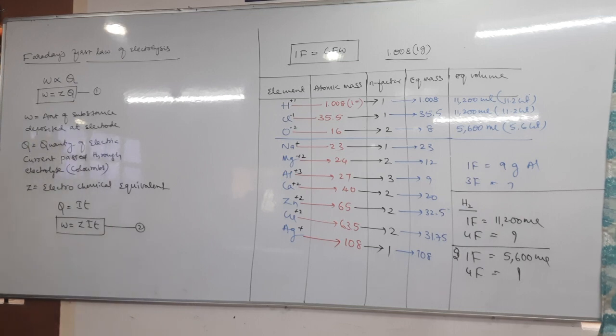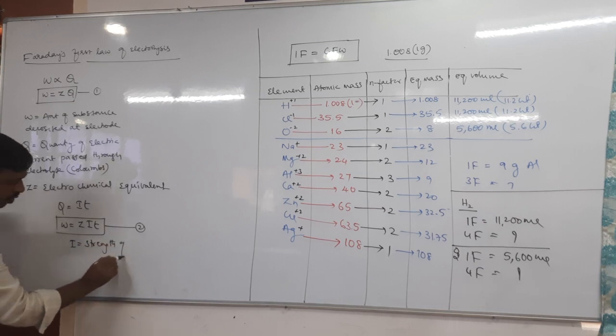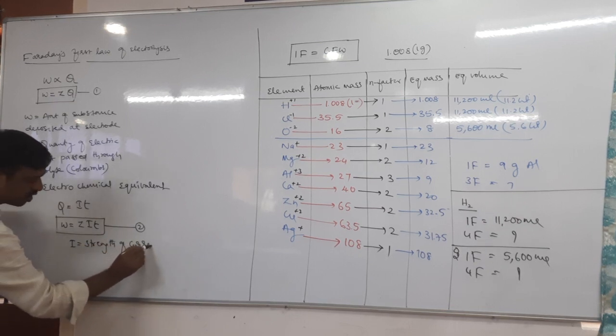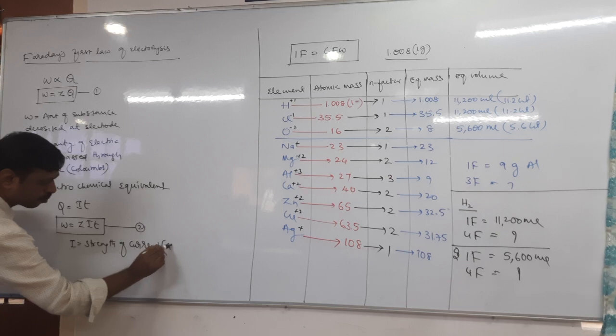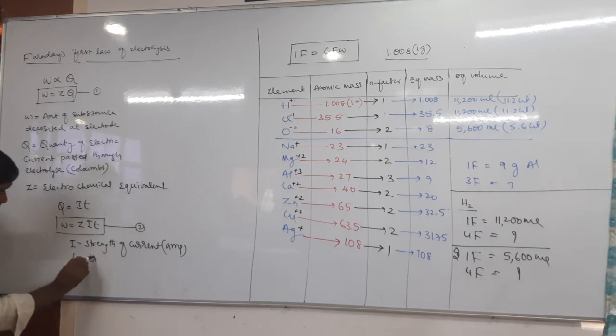Equation 2, where I is the strength of current, expressed in ampere, and T is time, which should be in second only.